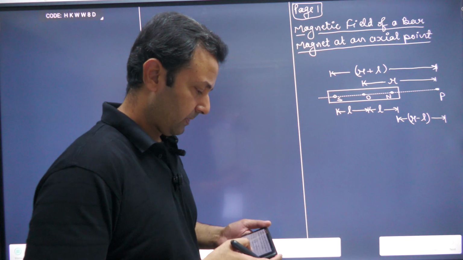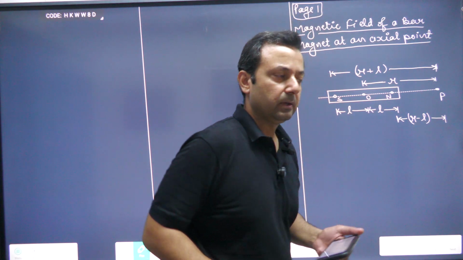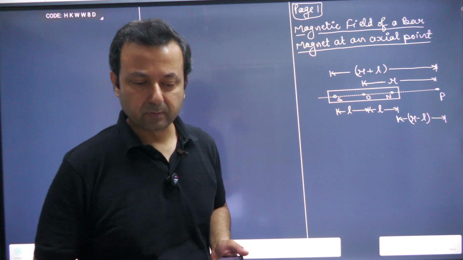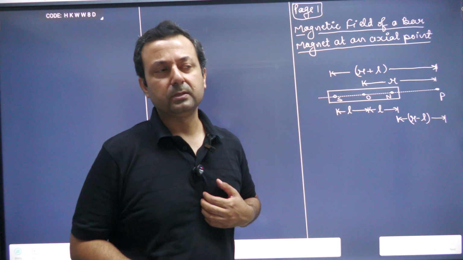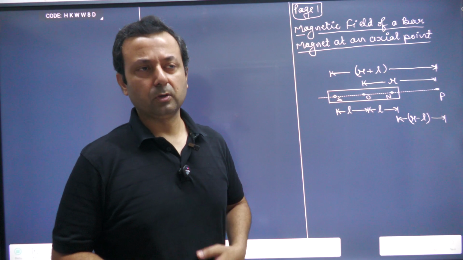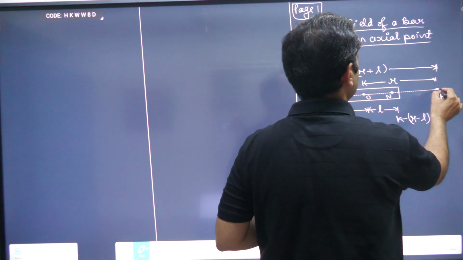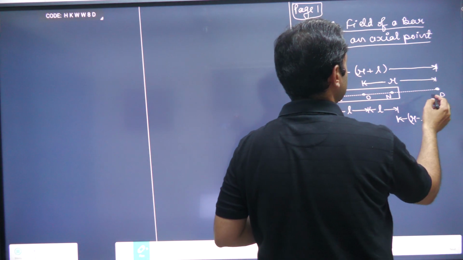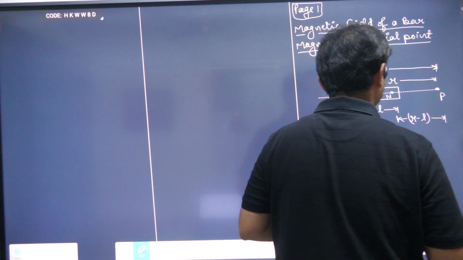Now, whenever we wish to calculate the magnetic field at a point, we always consider that a north pole is kept at that point. So suppose a north pole is kept at this point P, then the north pole of the magnet is going to repel it.